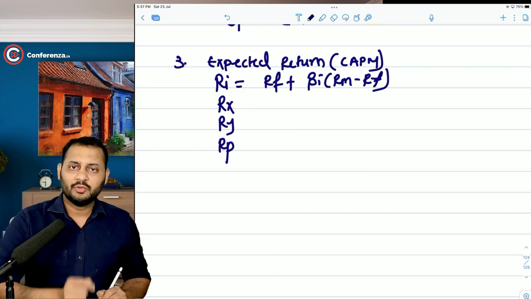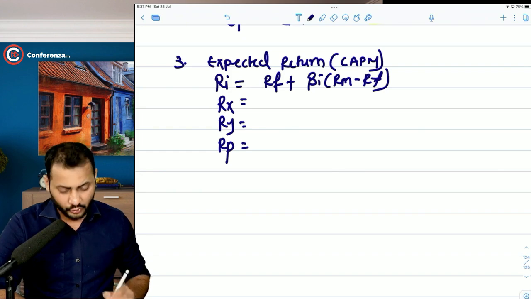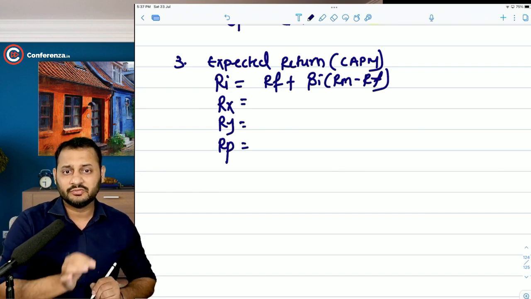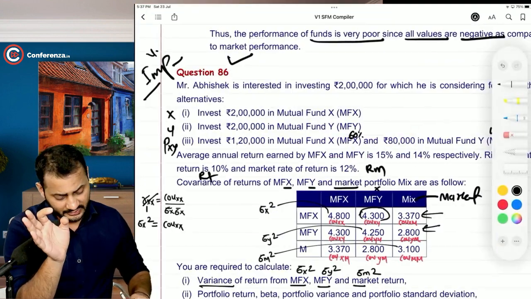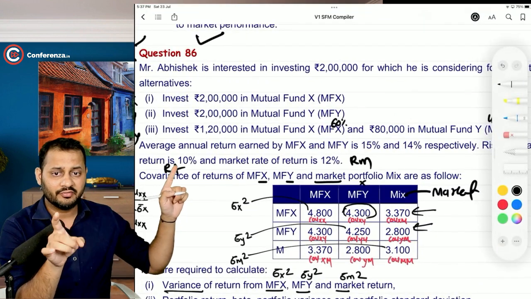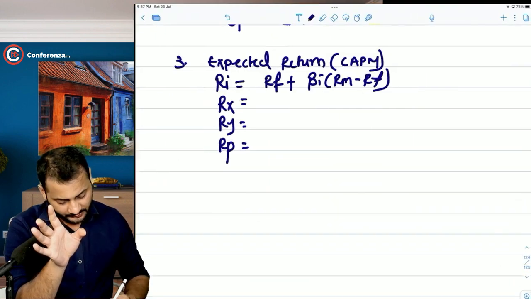We are going to calculate the required rate of return for all these three. And the only difference in all the three formulas will be the beta, because RM and RF will be same for both. What is the RM and RF? Can I say RF is 10% and RM is 12%? Right. So 10, 10, 10.